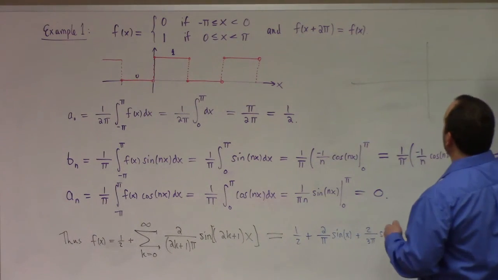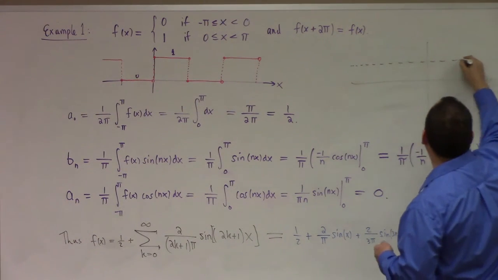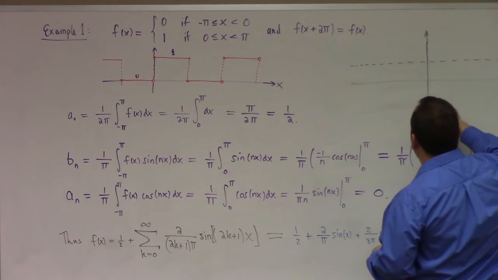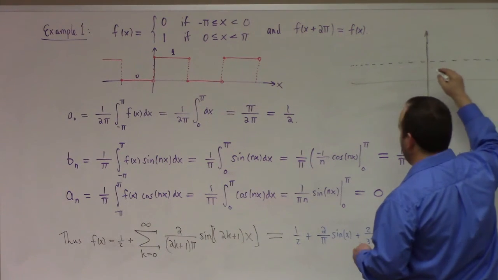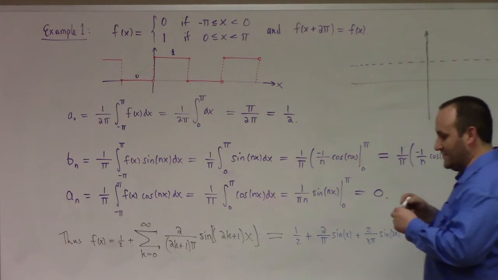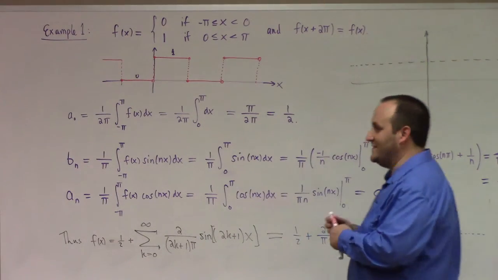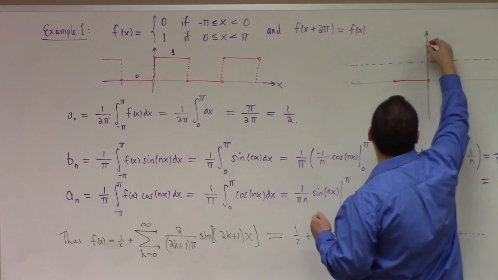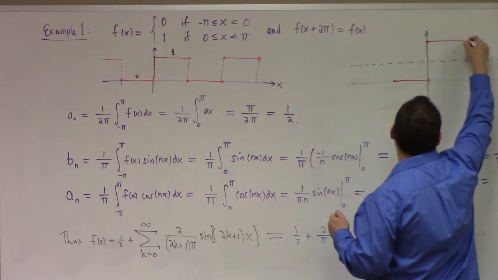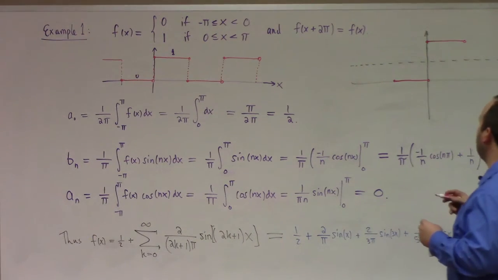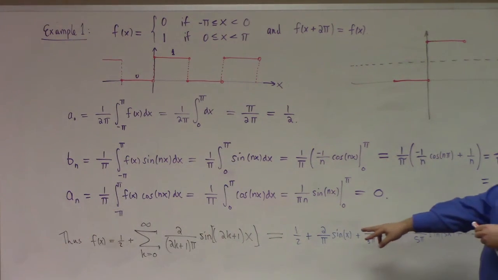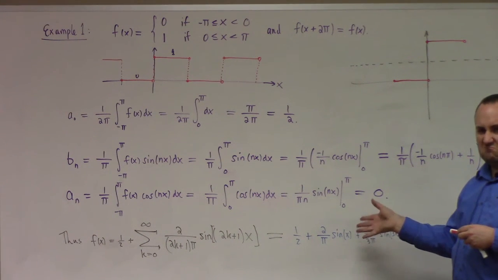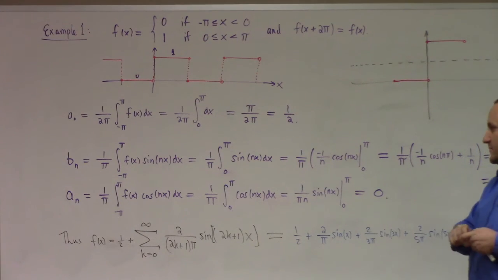Let me hazard a picture here. So here's a half, right? First of all, the zeroth Fourier polynomial, if you will, is just kind of dumb. It's just a line at a half, which is the average of the function. That's what that means, right? Then 2 over pi is like 0.6, 2/3 basically, somewhere around there.